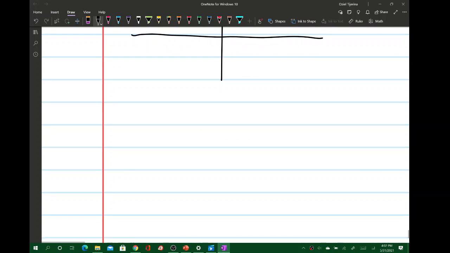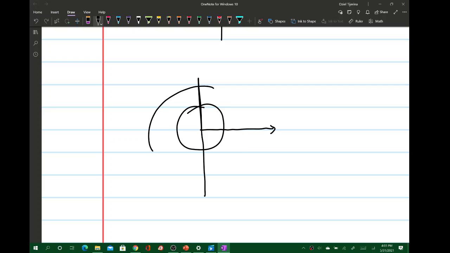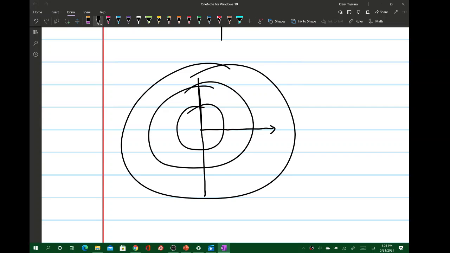But the polar coordinate plane consists of a radius r, and there's a part of the plane that's called the polar axis. This is what we call the polar axis, and then the pole is kind of like this. It has circles, and these parts represent the radius of the circle, right?